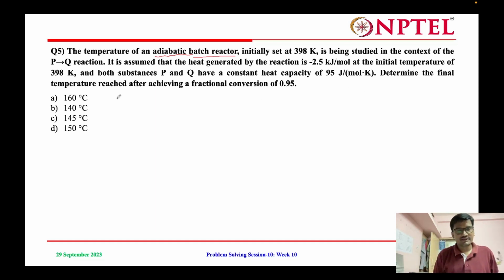Determine the final temperature after achieving a fractional conversion of 0.95.